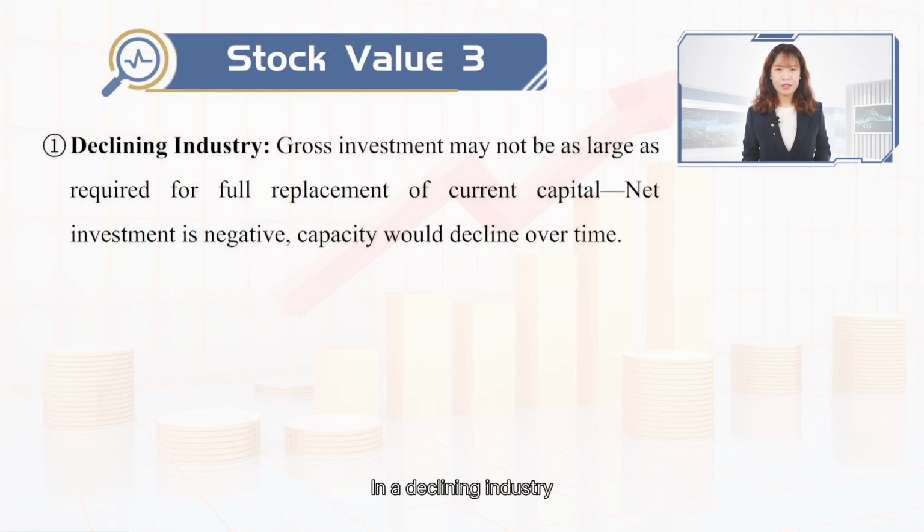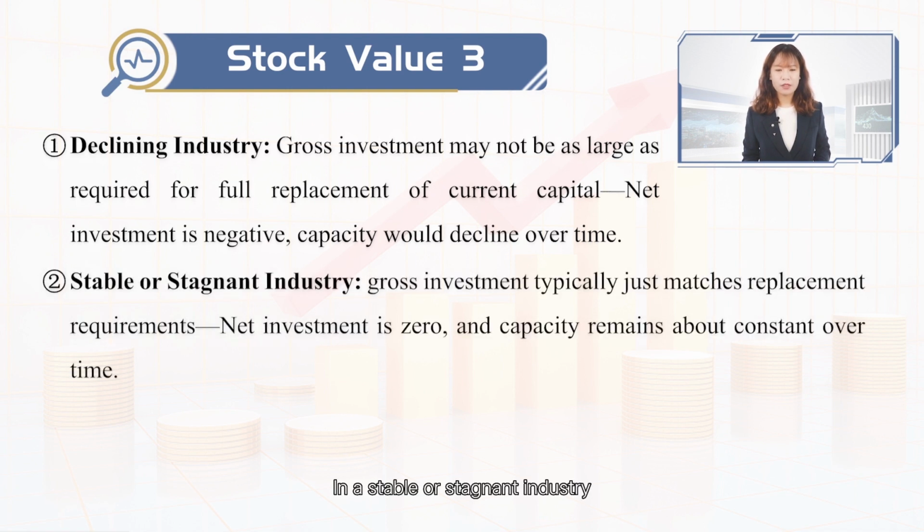In a declining industry, one might expect to find that gross investment may not be as large as required for full replacement of current capital, which means that the net investment is negative and hence capacity would decline over time. In a stable or stagnant industry, gross investment typically just matches replacement requirements.